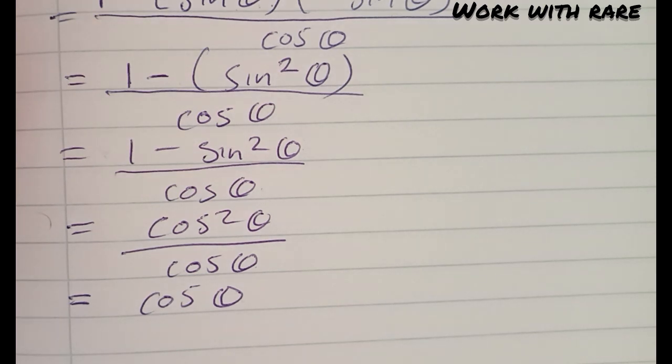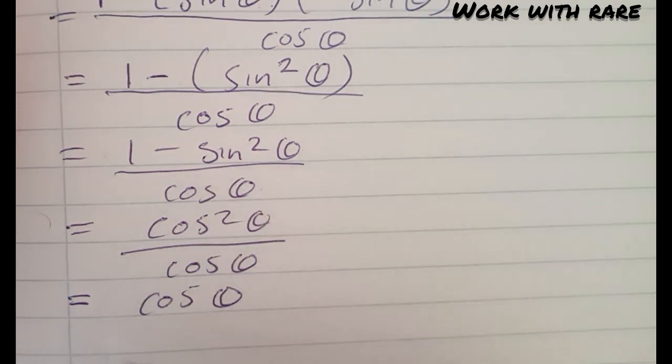Number 2 says, actually this question was question 5, so 5.2, and this one was 5.1.